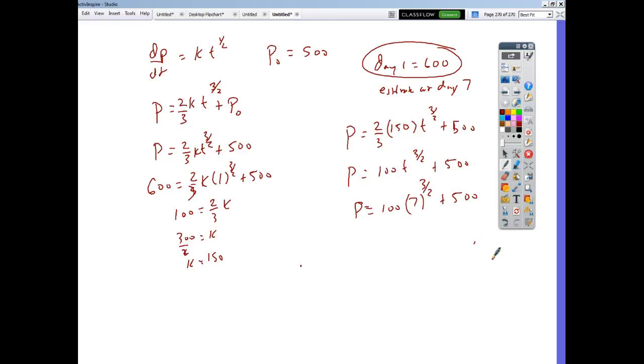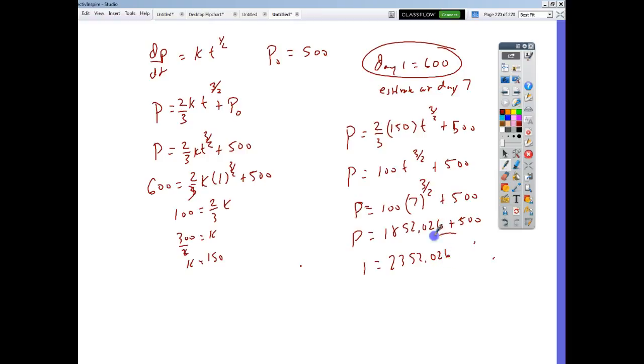So 7 caret, parentheses, make sure you use parentheses, 3/2, end parentheses. Whoa. Didn't expect that big a number. 1852.026 plus 500. So my population would be 2352.026.